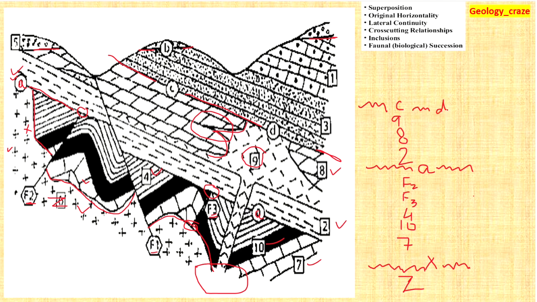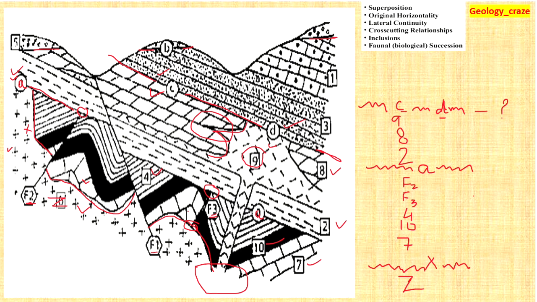and D. Why do they put C and D like this? If you look at C, it is formed between sedimentary and sedimentary layers. But D is formed between igneous and sedimentary. So what kind of unconformity it is, mention in the comment box. I have marked 2 for F2 and F3.